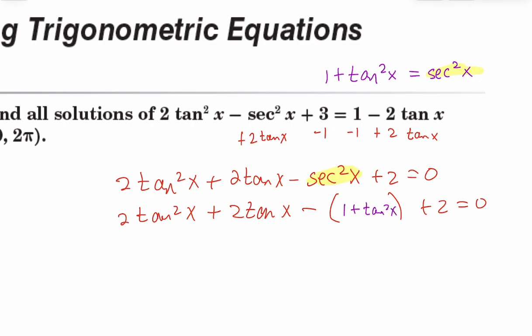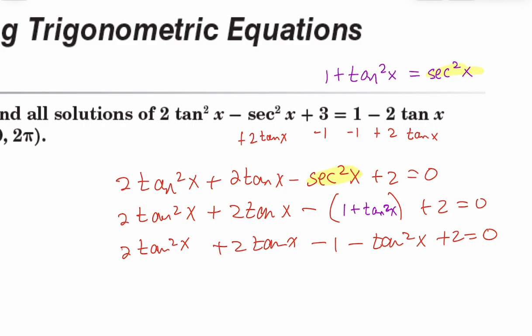Now, the reason we have to use parentheses is because of the fact that that negative that's sitting there has to distribute, and you have to subtract both things. So let's distribute the negative now. So we have 2 tangent squared plus 2 tangent of x minus 1 minus the tangent squared of x plus 2 equals 0.